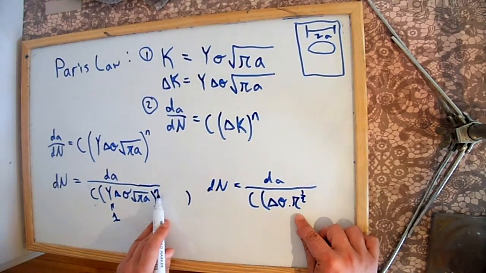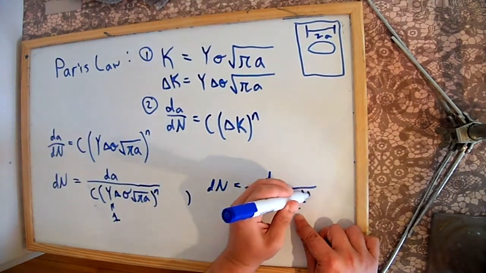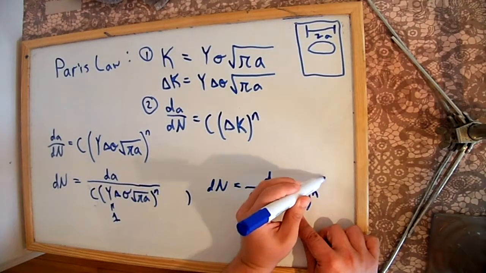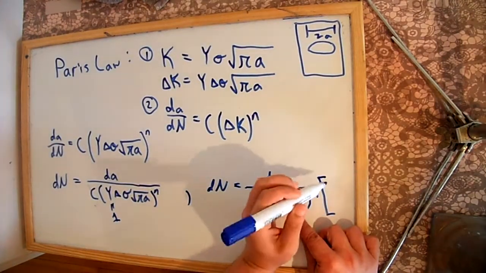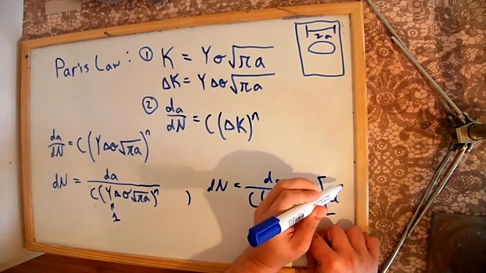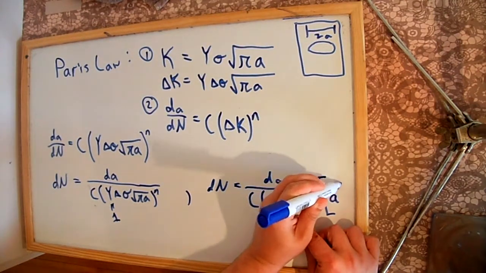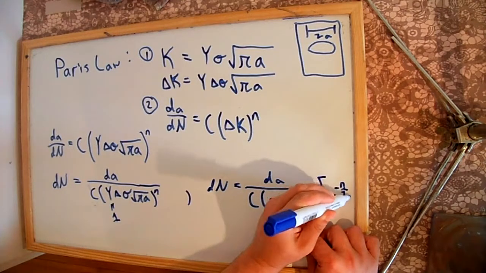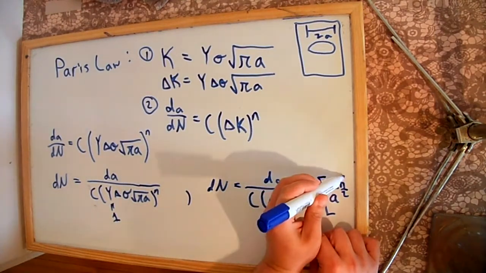Understanding that it's already to the power of N, I'm going to break it up, so I'm going to have A outside the bracket, and it's going to be A to the minus N over 2. Now I skipped a step there.